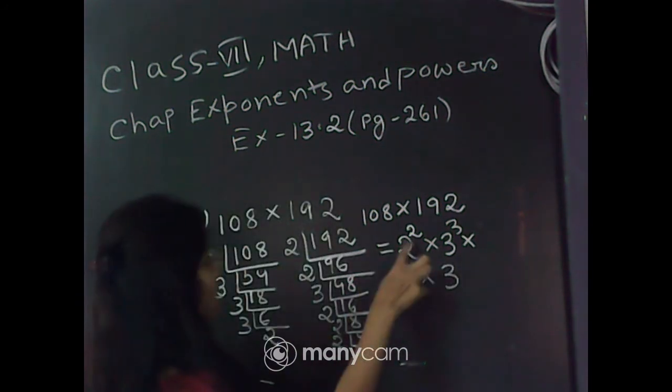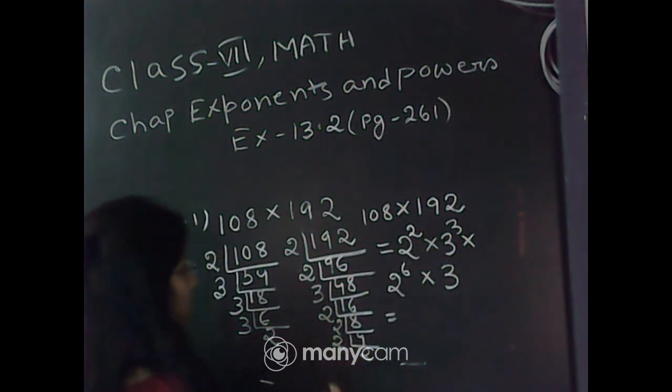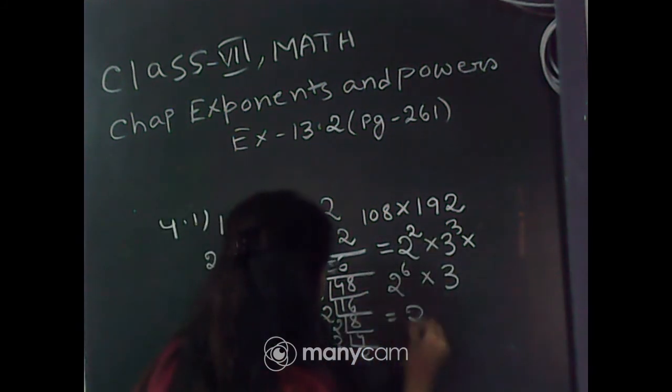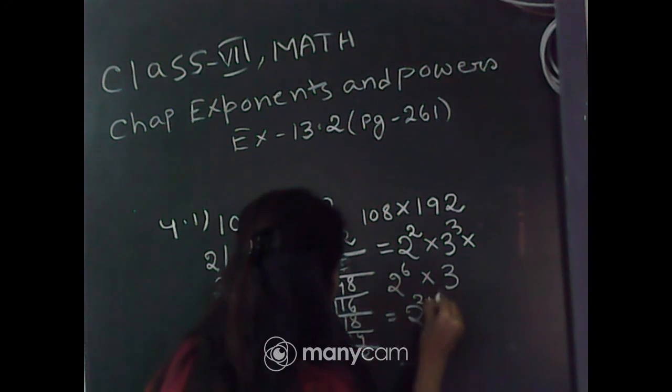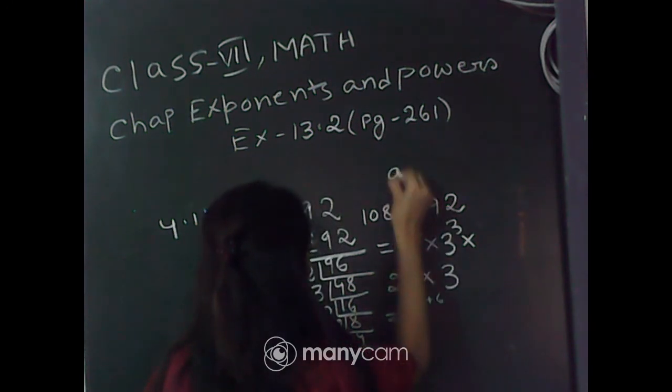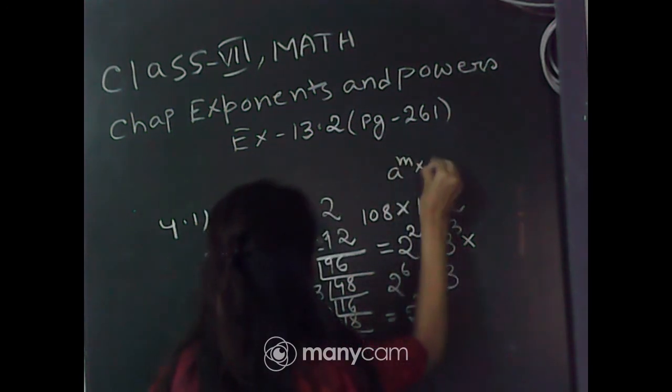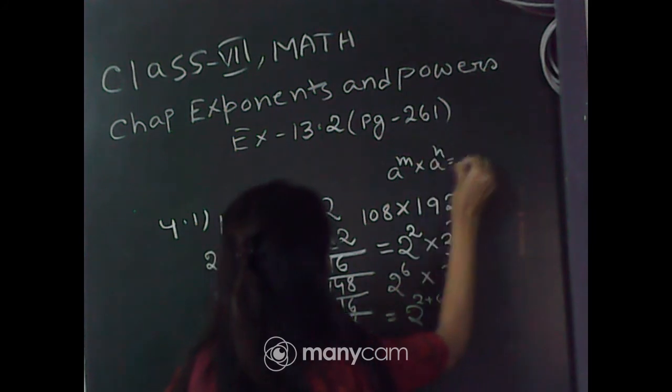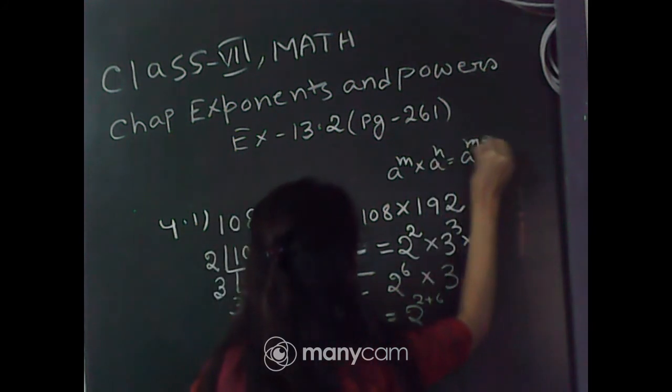Now, 2 square into 2 to the power 6 is equal to 2 to the power 2 plus 6 using the law a to the power m into a to the power n is equal to a to the power m plus n. Clear?